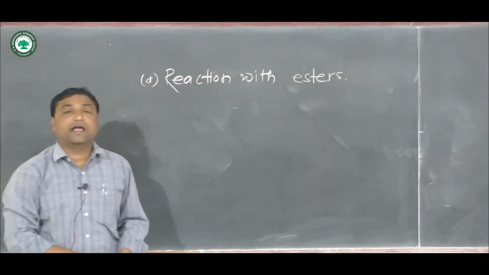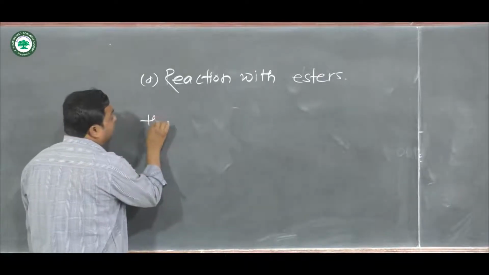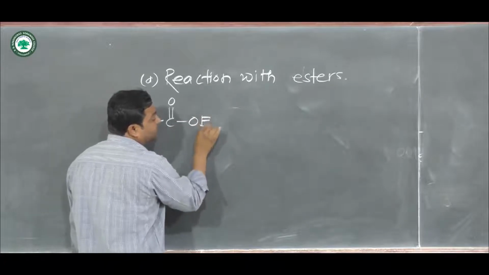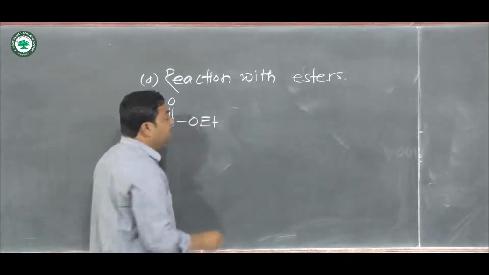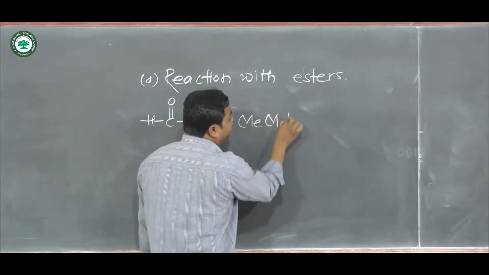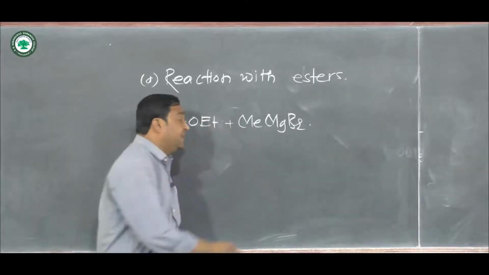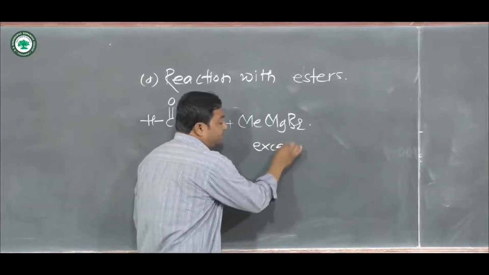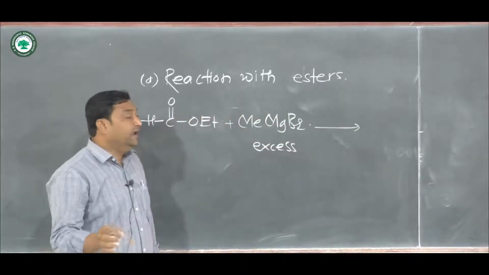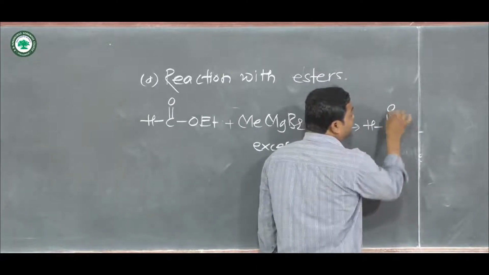Now it is the simple reaction in which when an ester molecule, for example ethyl formate, is treated with methyl magnesium bromide in excess, then in the first step we obtain aldehyde as a product, that is HCOCH3.